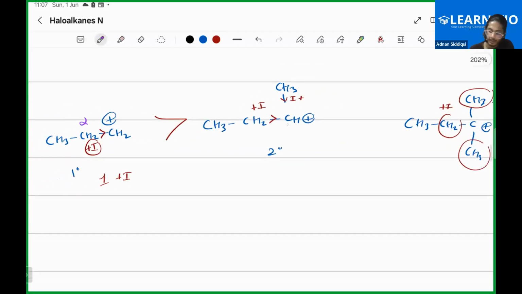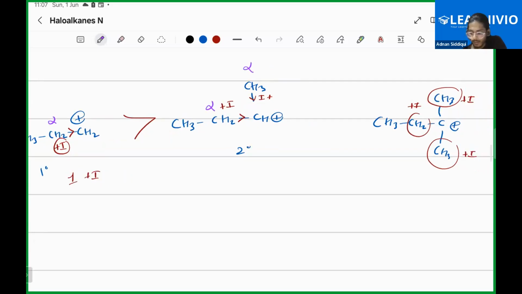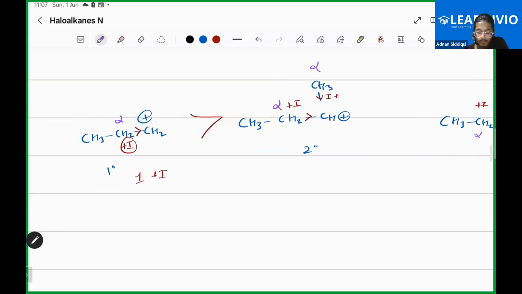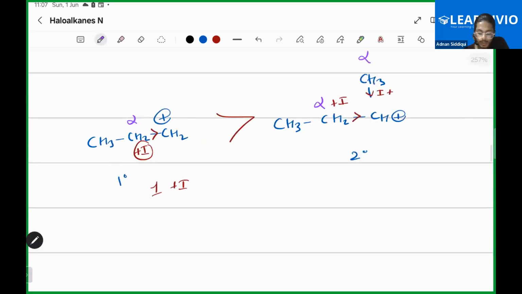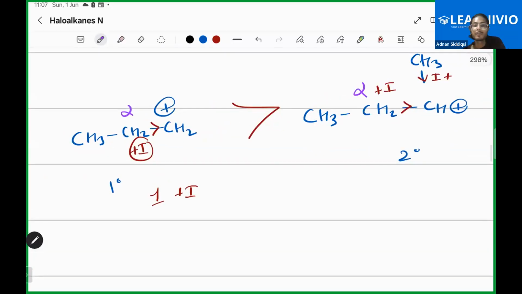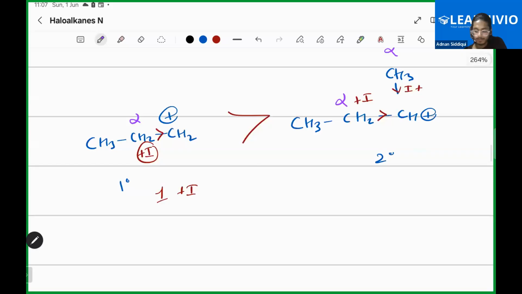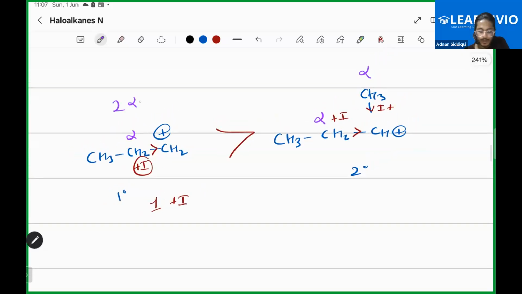Here, this is our main site, and this is directly attached and this is directly attached. It has two alpha positions, two alpha carbons, right? Here, how many alpha carbons do we have? Three. So here we have how many alpha hydrogens? To this carbon, how many hydrogens do we have? Two. So here we have two alpha hydrogens.